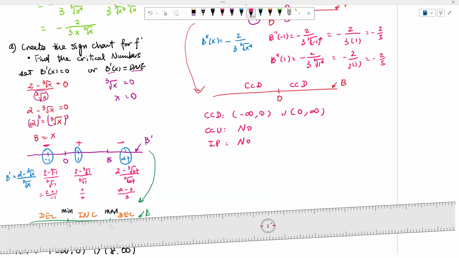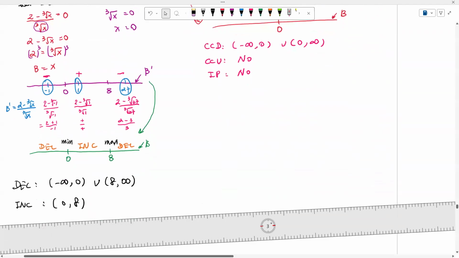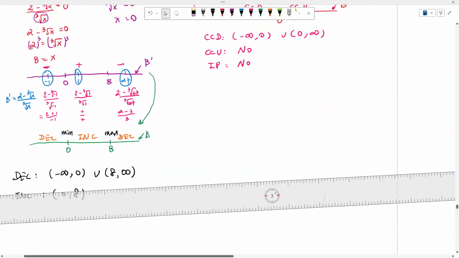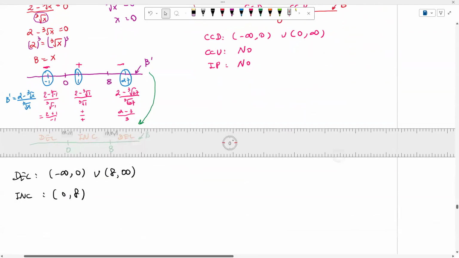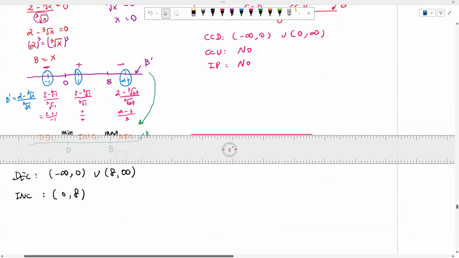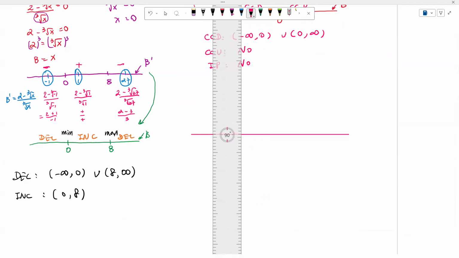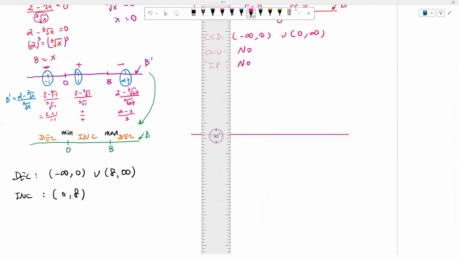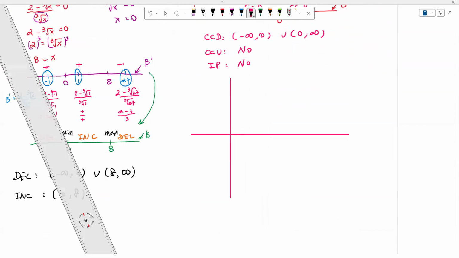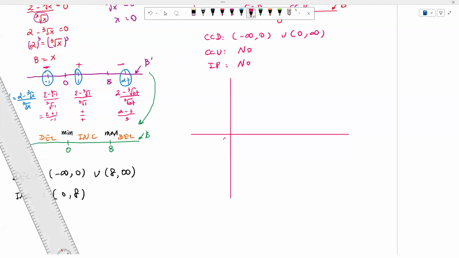Then now the last part is we would like to sketch the function. So in this case, we only have this 0 and then 8.